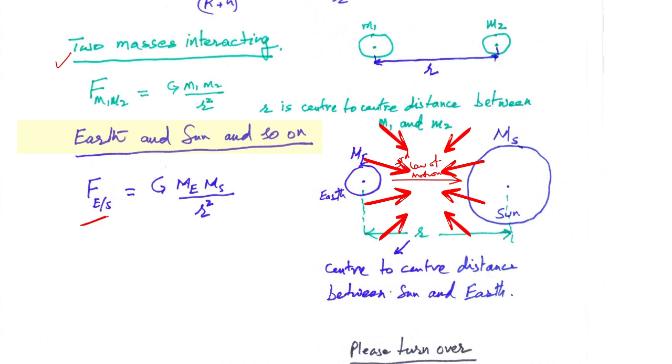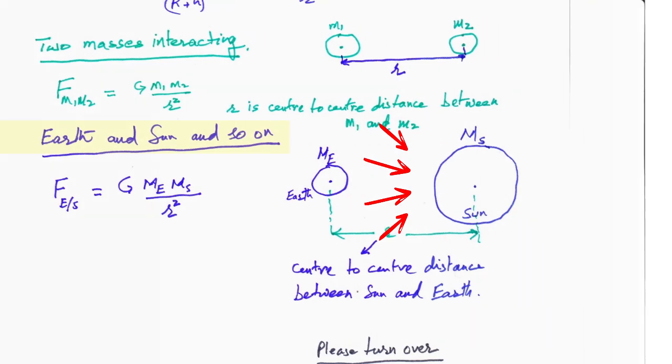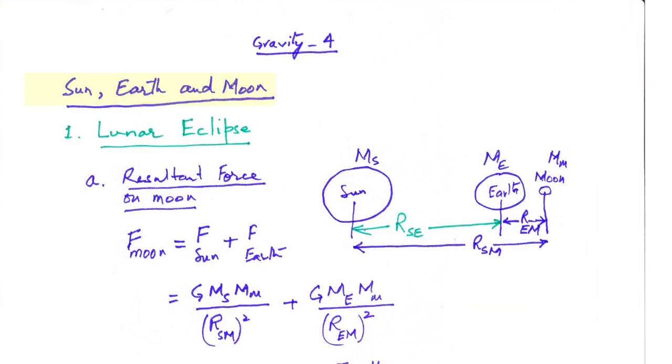We go to next page and we discuss the case of Sun, Earth and Moon. I have shown a lunar eclipse in which the Earth is in between the Sun and the Moon will be in the shadow of the Earth. And we are going to find the equations for resultant force on Moon.